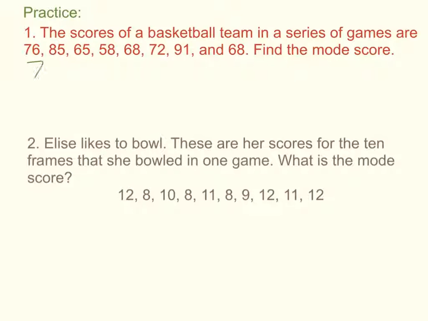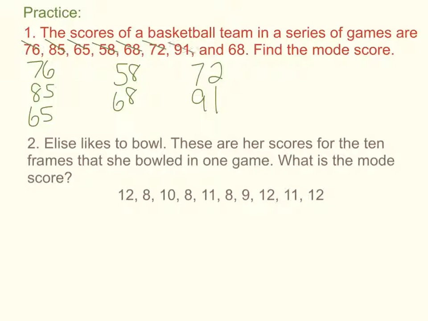So there was a 76, an 85, 65, 58, 68, 72, 91, and then a 68. But we've already listed 68, so we're going to check it off. And then from here, it's clear to see that 68 is the mode because it appears twice, while all of the other numbers appear only once.